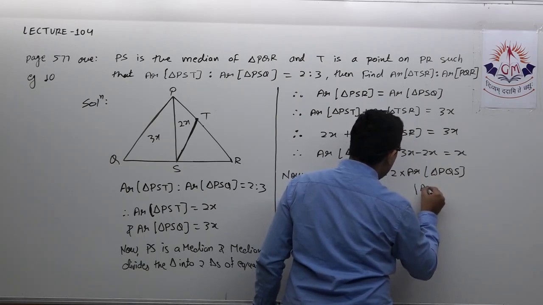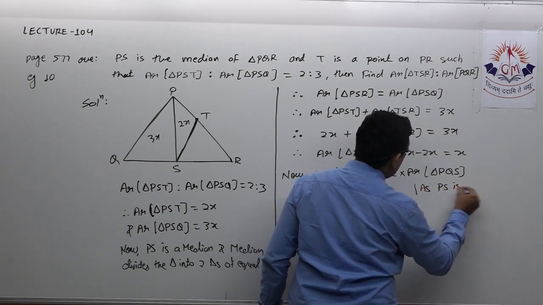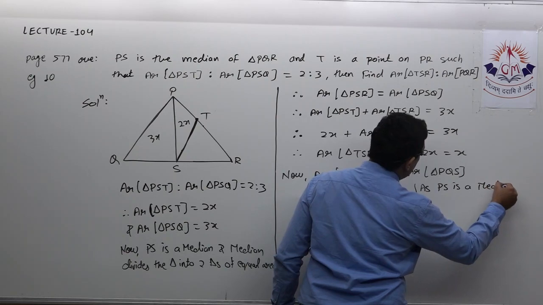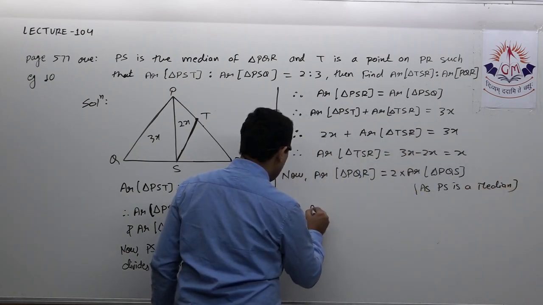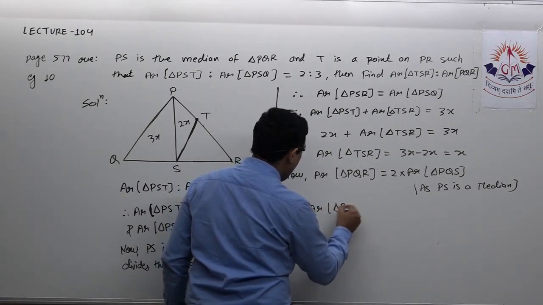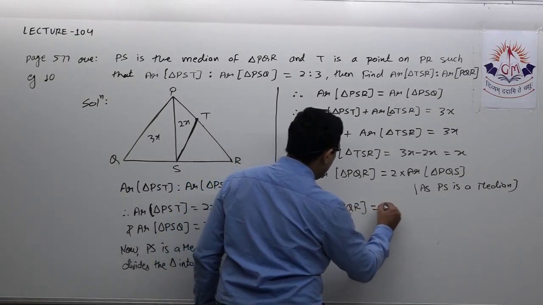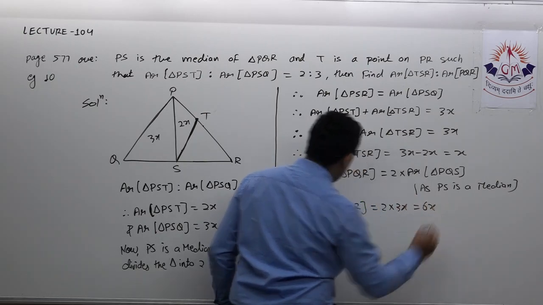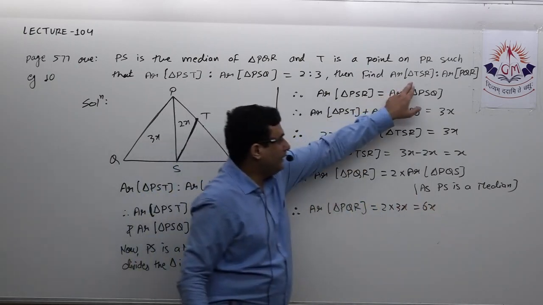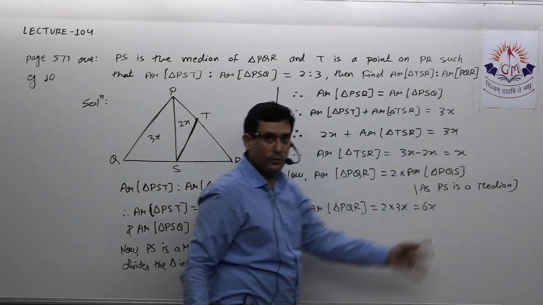Reason: as PS is a median, that is sufficient reason. Therefore, area of triangle PQR is equal to 2 into 3x, that is 6x.